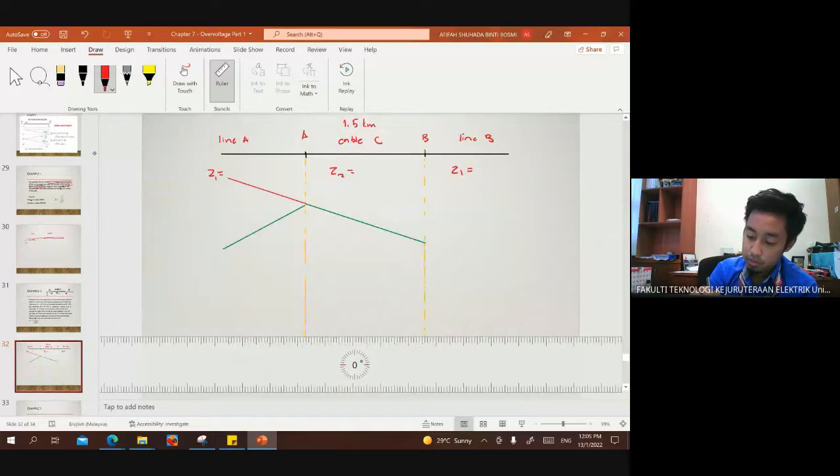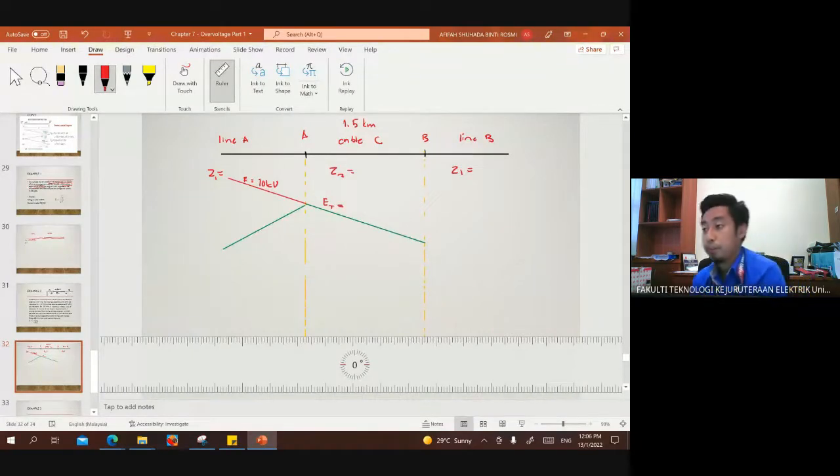Okay, the start dekat sini adalah 10 kV, maksudnya nilai E dia yang pertama. So kita nak dapatkan nilai E, bukan E2 lah, maksudnya ET. Kita dapatkan nilai ET dia berapa?